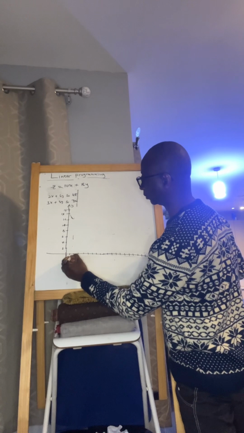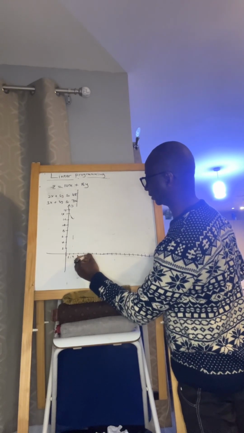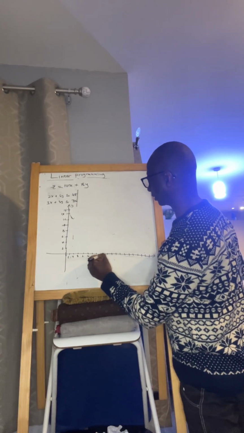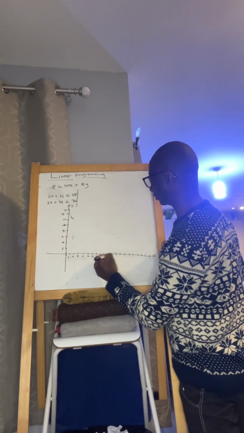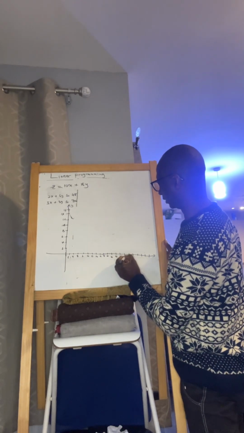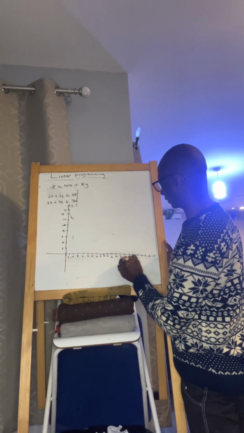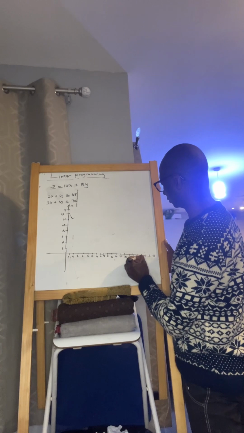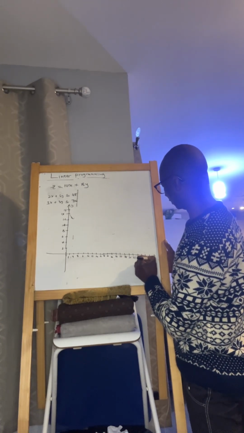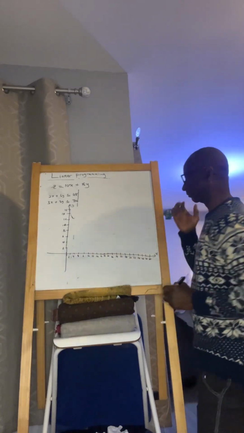So this is 2, 4, 6, 8, 10, 12, 16, 18, 20, 22, 24, 26, 28, 30, 32, 34, 36, 38, 40. And this is your x-axis.